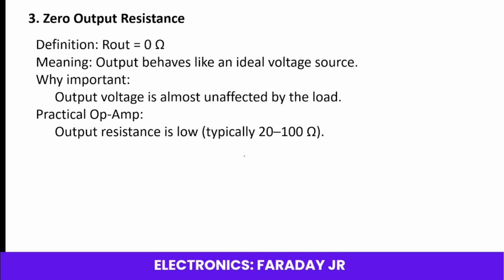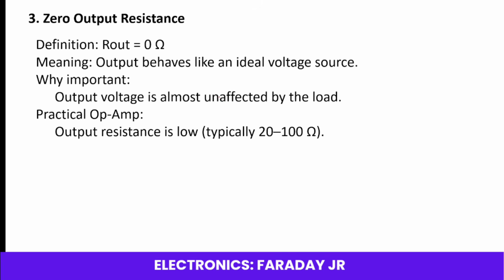Practically. Now let's look at zero output resistance. When we say the output resistance is zero, it means the output behaves like an ideal voltage source. Why is it important? The output voltage is almost unaffected by the load. Regardless of the number of loads you apply at the output, the voltage is going to be the same.